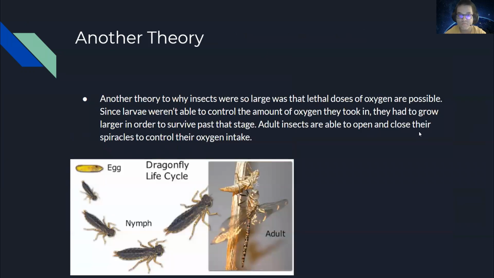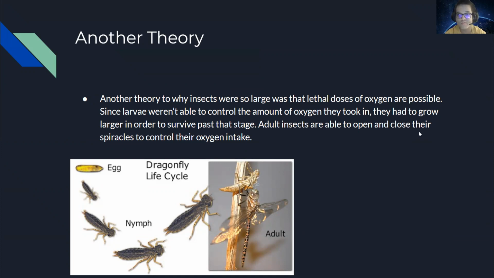Another theory for why insects were so large back then, newer than the theory I just suggested, is that there are lethal doses of oxygen, which is possible for every living creature on Earth. Since larvae weren't able to control the amount of oxygen they took in, they had to grow in order to survive past that stage. They evolved essentially.